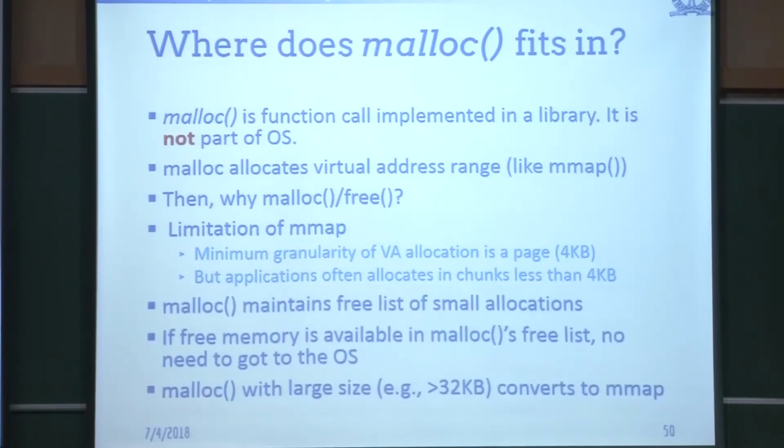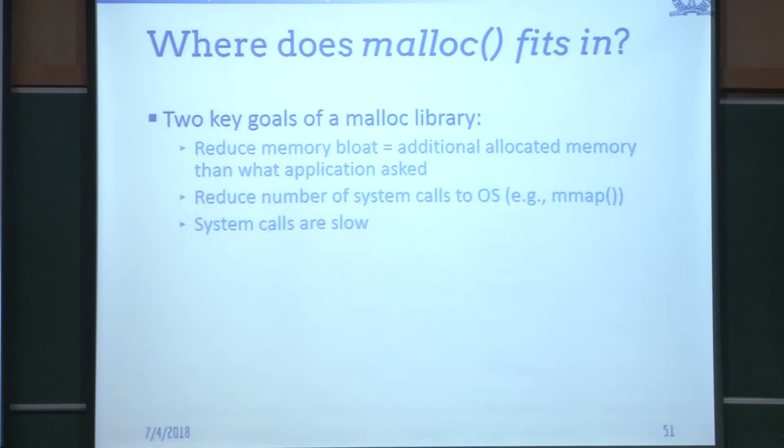Why it is beneficial: it's just a free list for small allocations and deallocations. And the two key goals it has: first, to reduce memory bloat, by which I mean the difference between the amount of memory you allocated and the amount of memory the application actually requires.